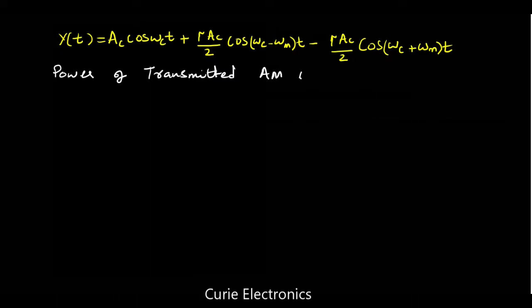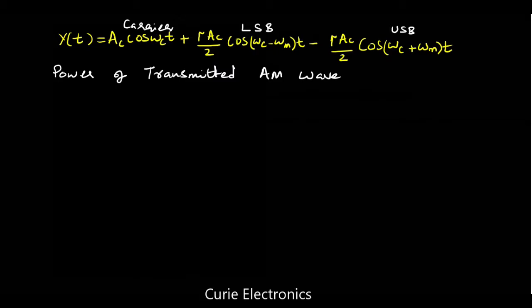Looking at each term, this Ac cos omega c t is the carrier term. It represents the carrier wave. And this is the lower sideband, LSB, and omega c plus omega m is the upper sideband. So to find the power, we have to add all these powers.